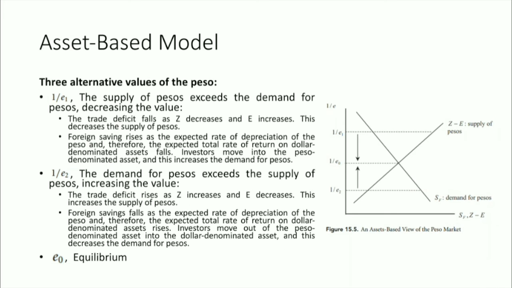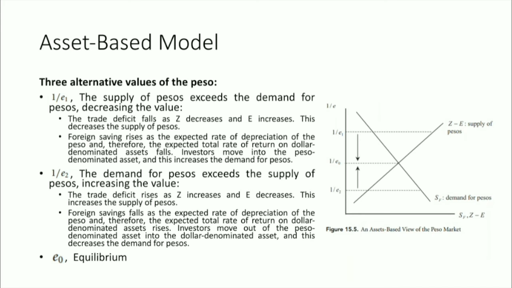Okay, to understand the adjustment process in this expanded view of the peso market, let's again consider the three alternative values of the peso. The first one, the supply of pesos exceeds the demand, and therefore the value decreases. If this happens, then the trade deficit falls as Z decreases and E decreases.